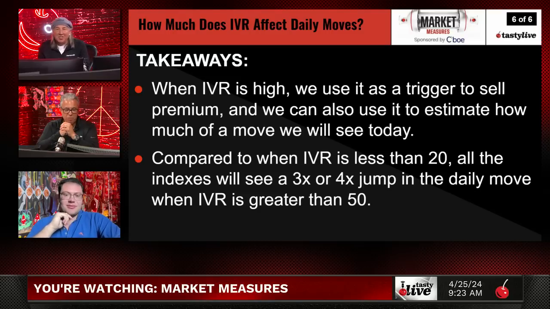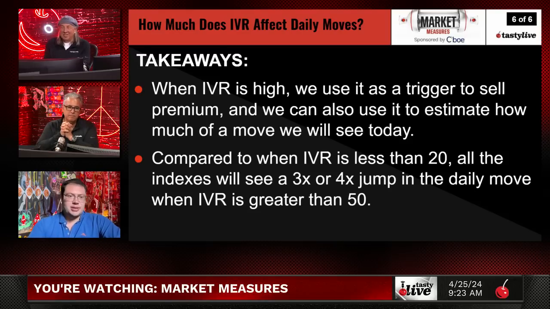We can also use it to estimate how much of a move we will see today. To be fair, we would say we expect a 1% move based on where the implied volatility is trading, so we would look at IVX, but we've never actually looked at IVR and said that with IVR at 40, the expected move is about 1.1%. That's interesting.